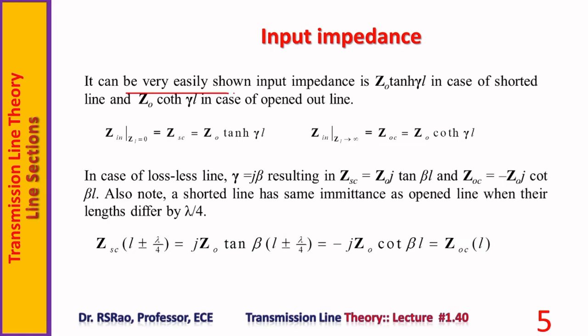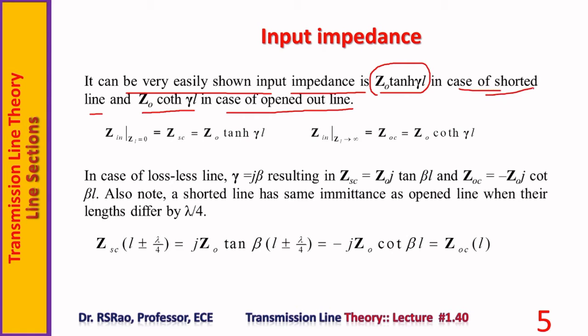It can be very easily shown that input impedance is Z0 tanh gamma L in case of a shorted line, and Z0 coth gamma L in case of an opened out line. In the previous slide, we have seen the Zin expression contains ZL. What happens to Zin when ZL is 0 or when ZL tends to infinity?